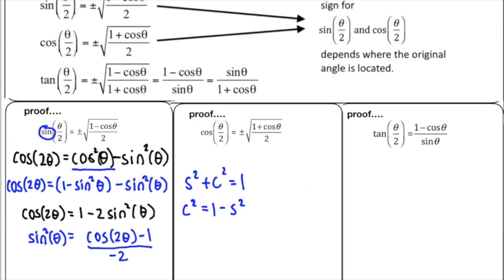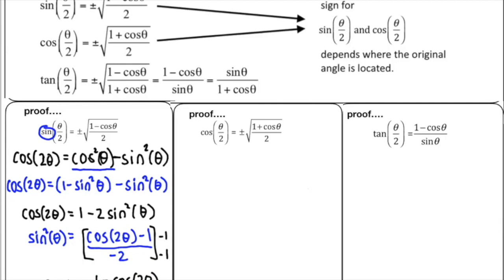We can see, though, if we look up here, that this is switched around. So we multiply the top and the bottom by negative 1 to get that switched around. I'm going to run out of room here, so give me a second to clear this.